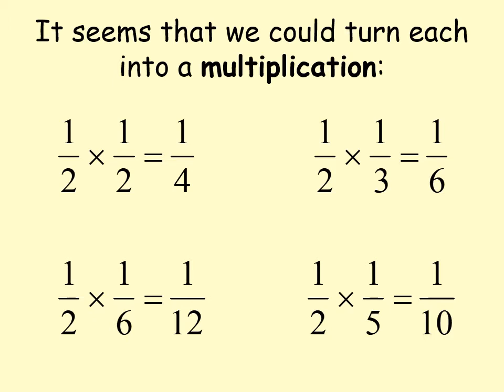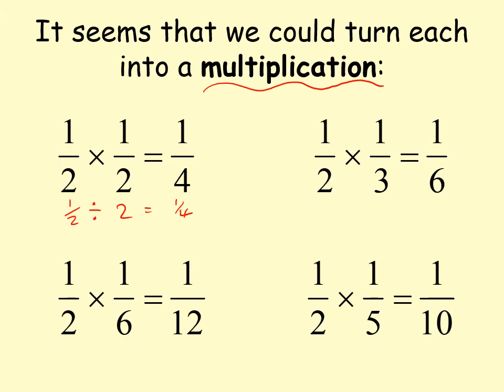Okay, it seems that we can turn each one into a multiplication. So 2 times 2 is 4, and if you remember, that was 1/2 divided by 2 equals 1/4. So you can see what we've done here.